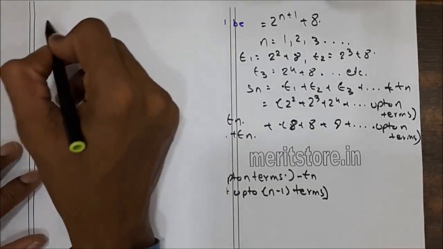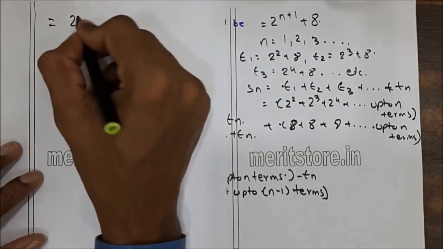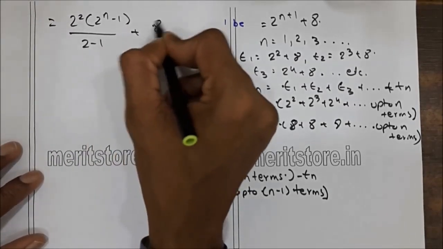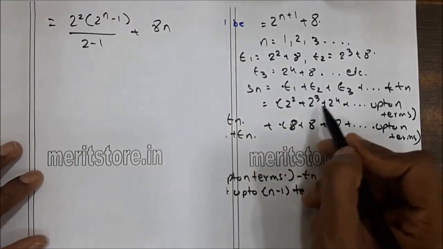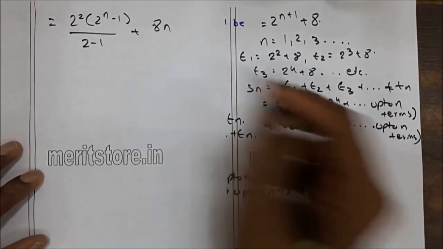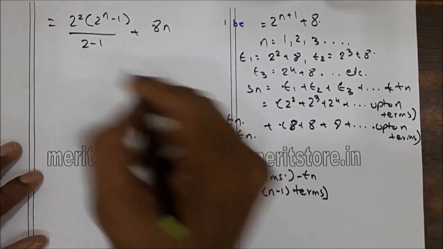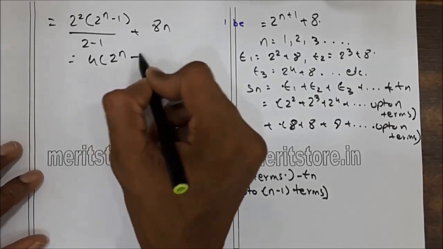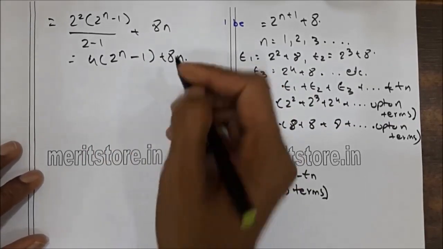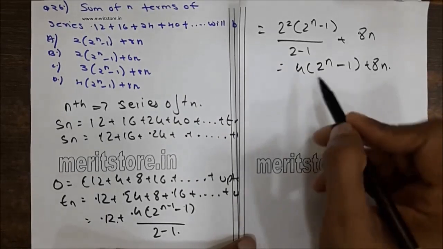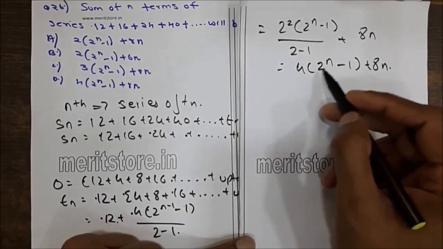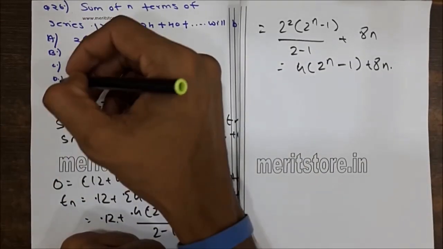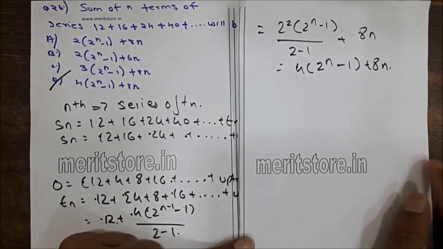Further solving this, we can write this as 2 square (2 raised to n minus 1 upon 2 minus 1) plus 8n. This part is 2 square, 2 cube and 2 raised to 4 plus up to n terms, and 8n is this term. So further we can write this as 4 into (2 raised to n minus 1) plus 8n. So this is the final answer, that is 4(2 raised to n minus 1) plus 8n, which matches option D. So option D is the correct answer.